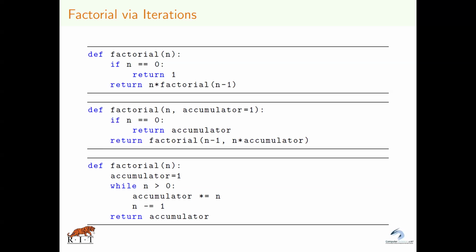And finally, we transform this into a while loop. So we initialize accumulator by 1, and then do a while loop. While n is greater than 0, we multiply accumulator with n and decrease n by 1, and then return the accumulator.